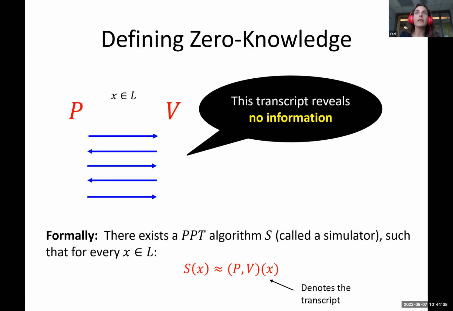It's not enough that the verifier who is honest and following the protocol doesn't learn. We want to ensure that even a malicious verifier who doesn't follow the protocol, who just wants to learn our secret or our witness, doesn't learn anything. That's called malicious verifier zero knowledge, or usually just zero knowledge. And there we consider also malicious verifiers.